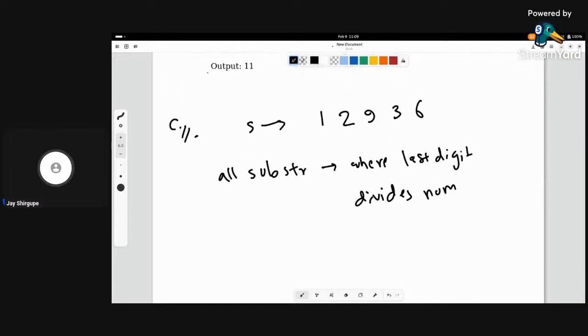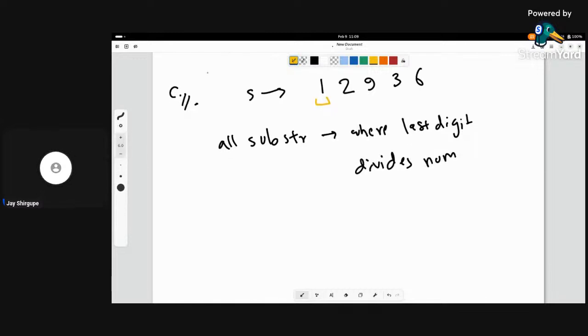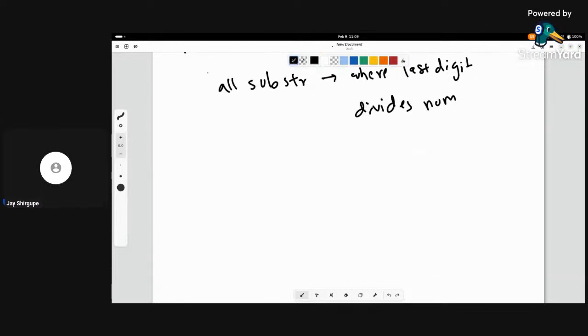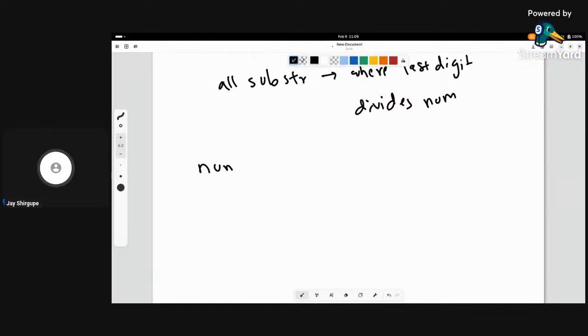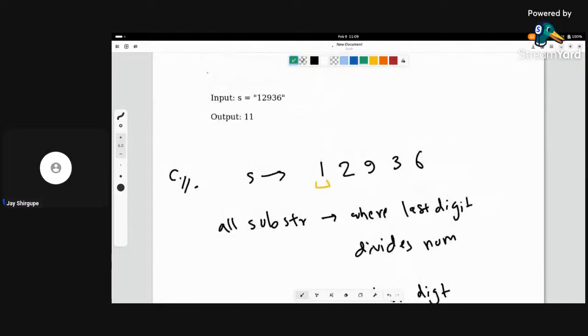For example, if you look at 1296, let's look at all the substrings. First, 1 by itself is a substring. In case of 1, the last digit is 1. Does 1 divide 1? Yes, it can divide 1. So we are good to go.